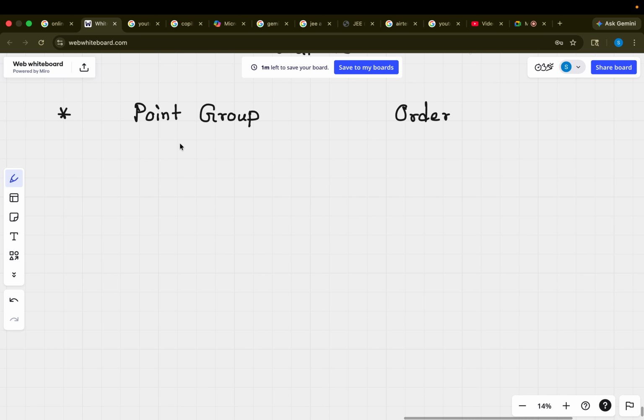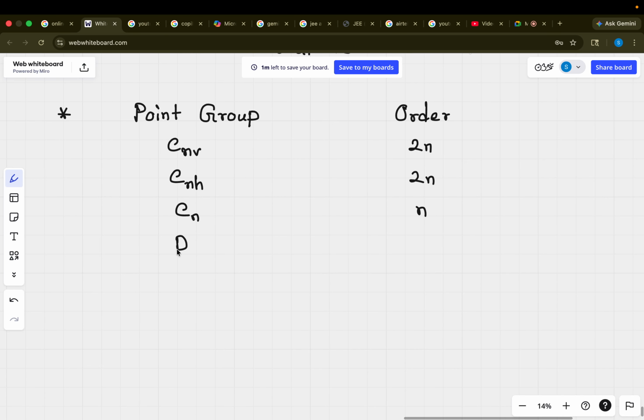So basically, suppose you have a Cnv point group, at that time the order will be 2n. So suppose you have the C2v point group, that means the order will be 4. If you have the C3v point group, the order will be 2 into 3, which is 6. Similarly for Cnh, the order will again be 2n. For the Cn point group, the order will be n.